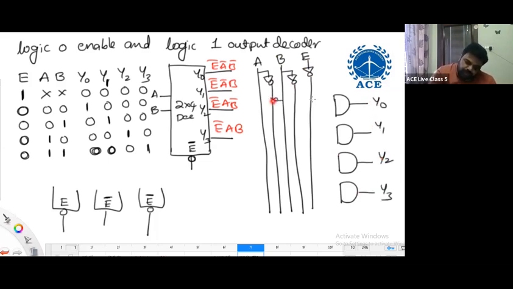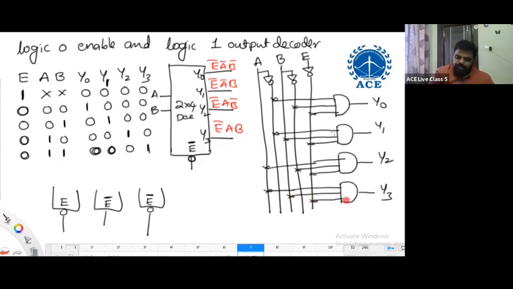The inputs are A bar, B bar, E bar; A bar, B, E bar; A, B bar, E bar; and A, B, E bar. Any more questions? Simple. That is the logic 0 enable, logic 1 output decoder.